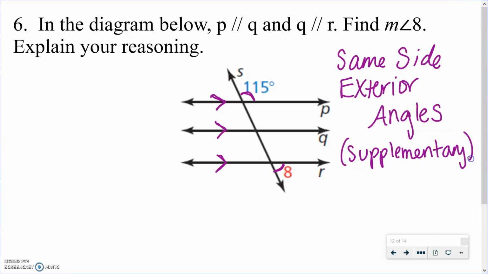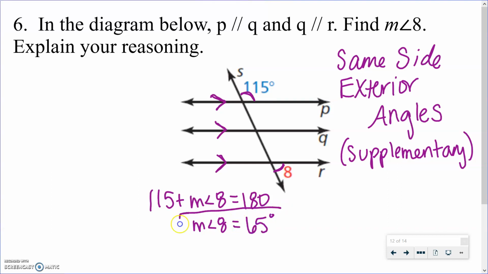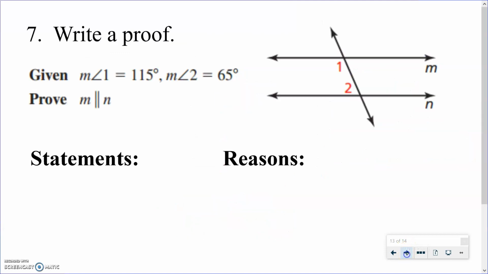So we can say that 115 plus the measure of angle 8 is equal to 180 degrees, and then subtract 115 from both sides, and get that the measure of angle 8 is 65 degrees.